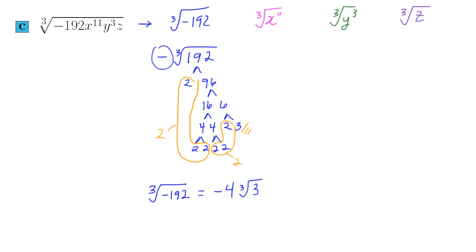Now we move on and look at our variables. The cube root of x to the 11th means I have to take 11 x's and break them into groups of 3. 3 goes into 11 3 times, with a remainder of 2, which means altogether I have an x cubed outside, and I have an x squared inside.